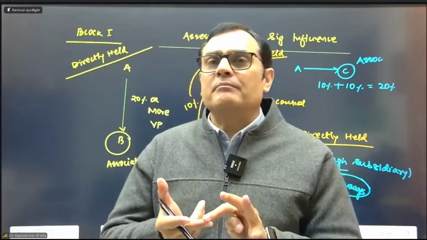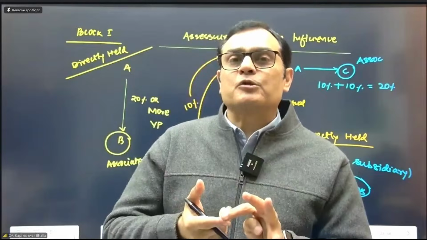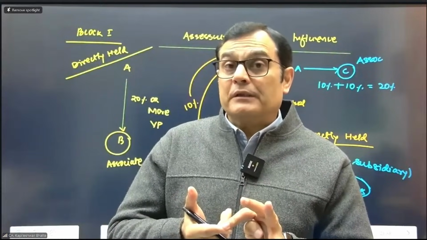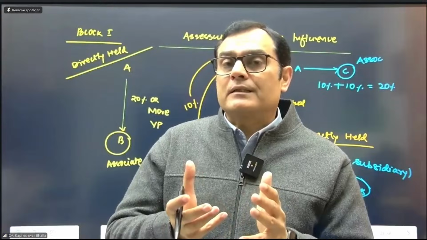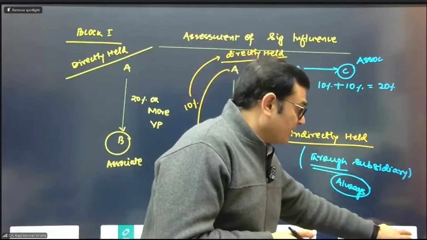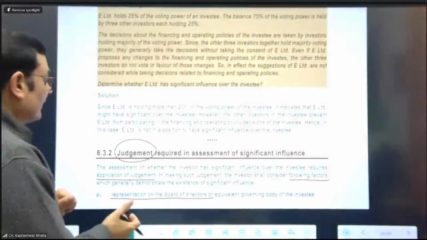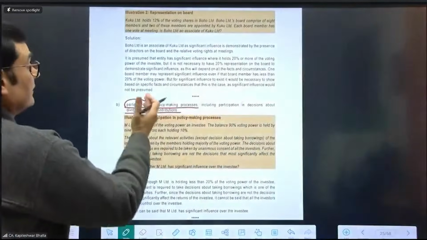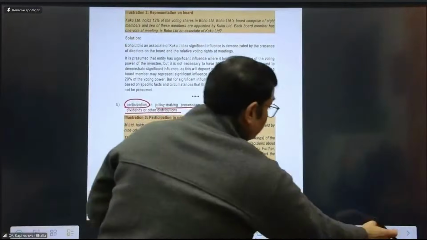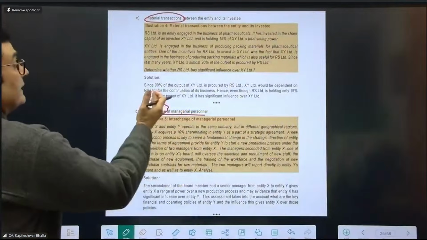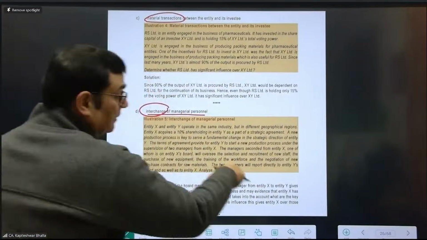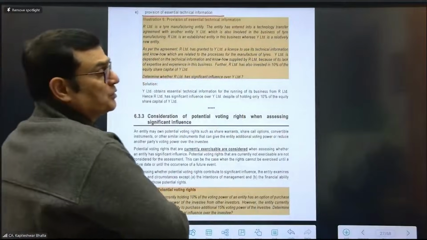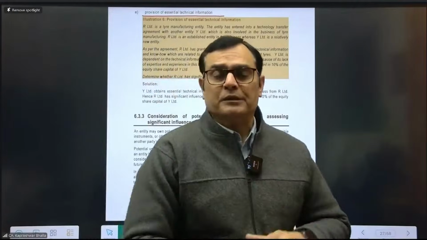Is there an interchange of managerial personnel? Is there provision of essential technical information and technical support? So all these factors: representation on the board of directors, participation in the policy making process, interchange of managerial personnel, material transactions between the investor and investee, and the provision of essential technical information.